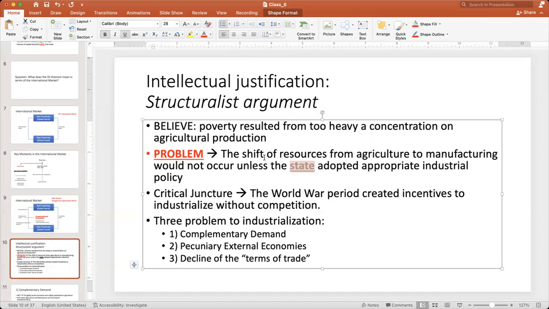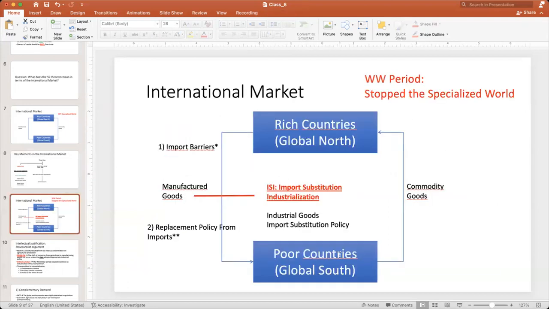And the other part of the structuralist argument is that there is a critical juncture. A critical juncture is an event that is exogenous. So the World War period created incentives to industrialize without competition. This is not a decision that the poor countries made because they wanted to be industrialized. This was an opportunity. There was no competition.